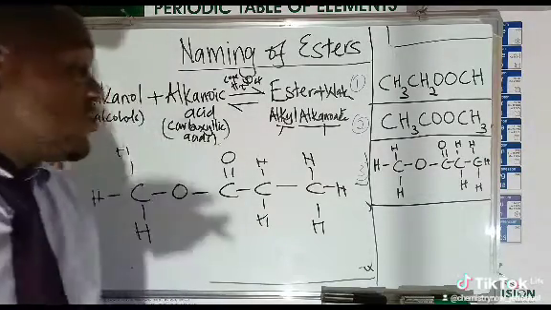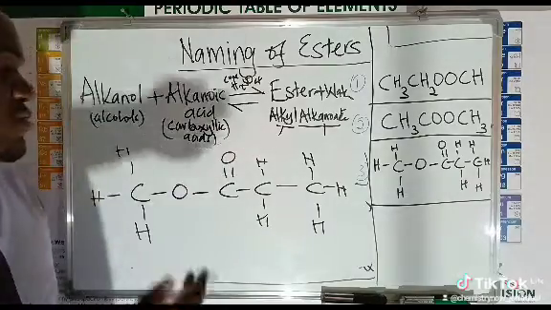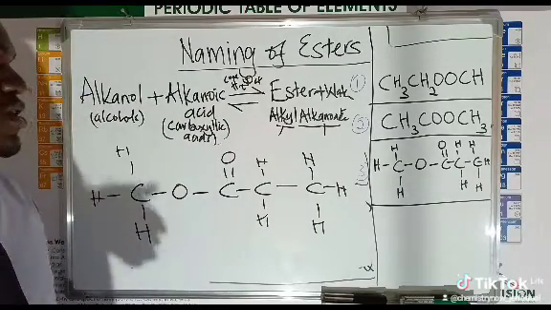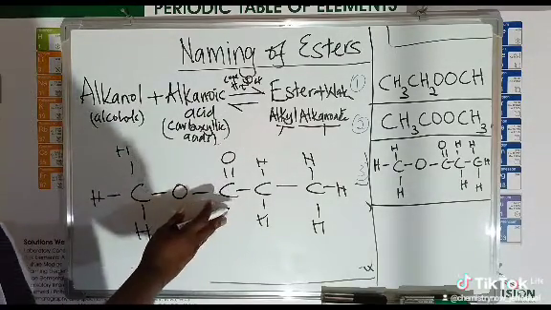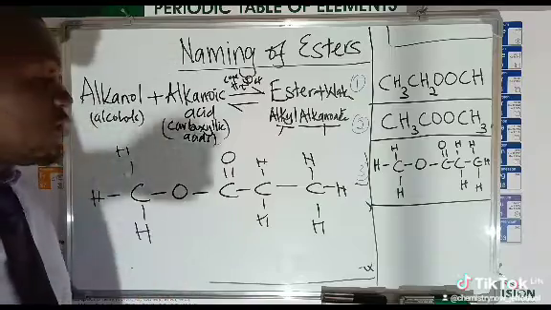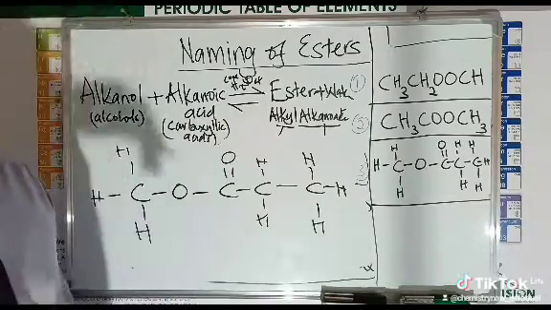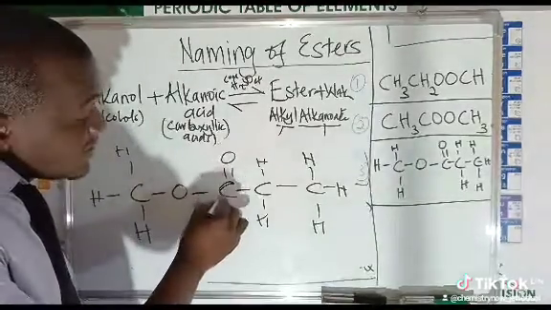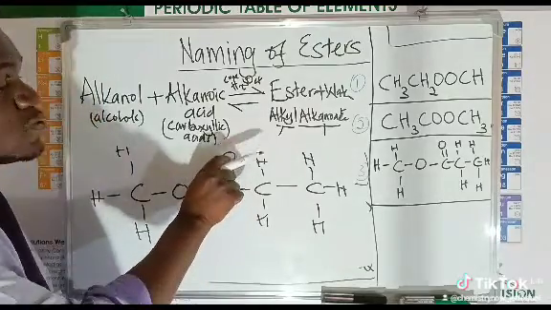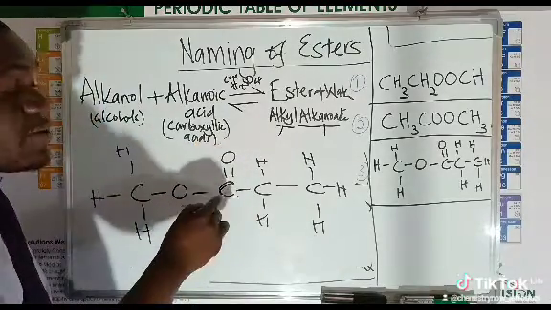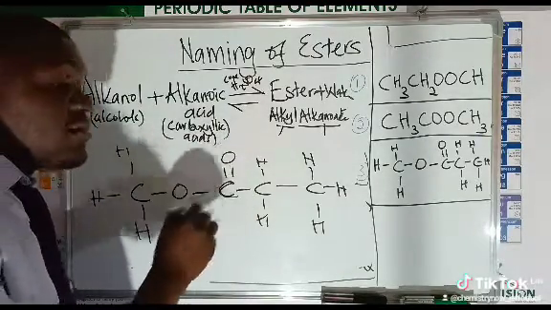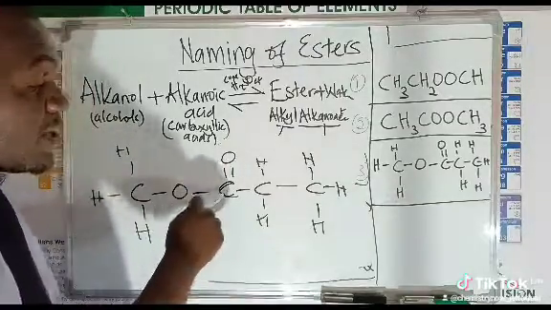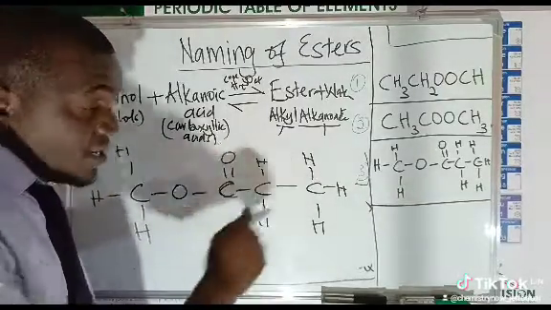You don't even have to look at which carbon has more hydrogen, because this one is a structural formula. It has been made easy for you. So when it is given like this, just straight away, the carbon that is doubly bonded to oxygen is the carbonyl carbon, which means it is the carbon coming from the acid.